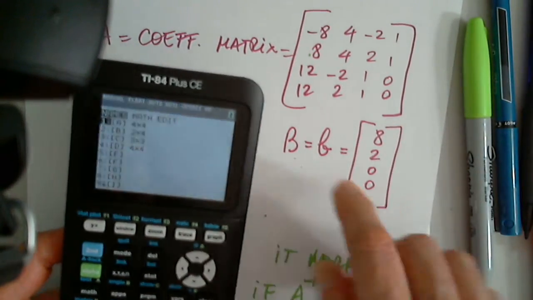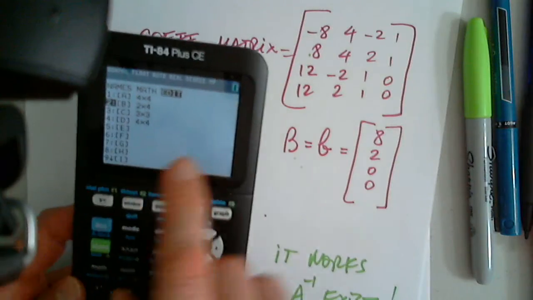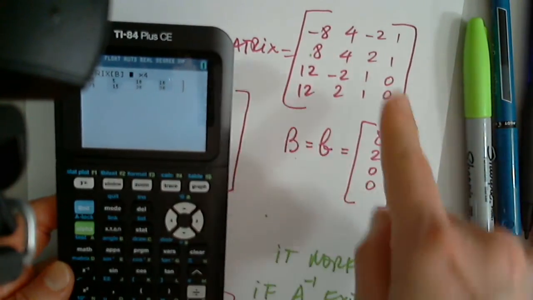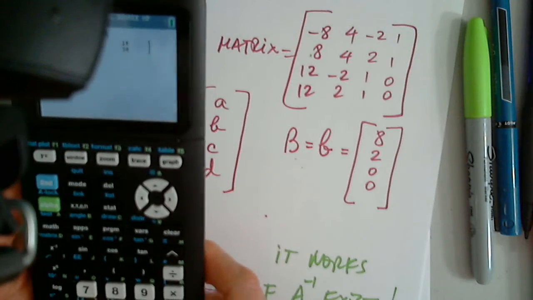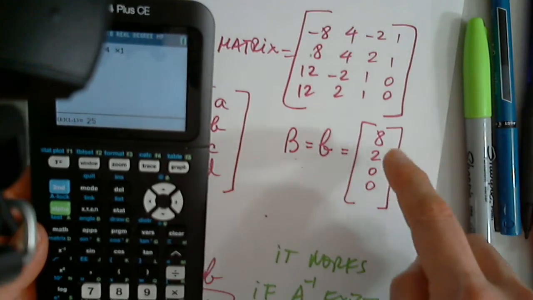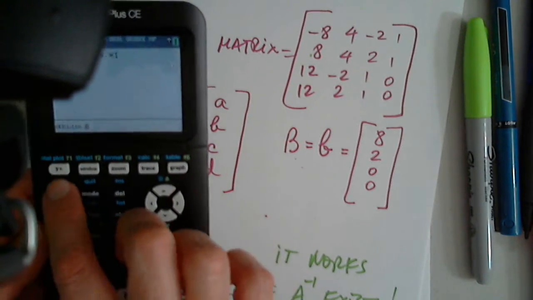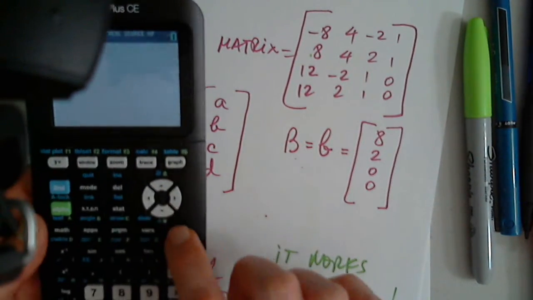Get out of there and go back in, because now I need to enter this matrix. So I will edit, but now I'm editing matrix B, and it's a 4 by 1, and I have 8, 2, 0, 0. Get out of there, clear.